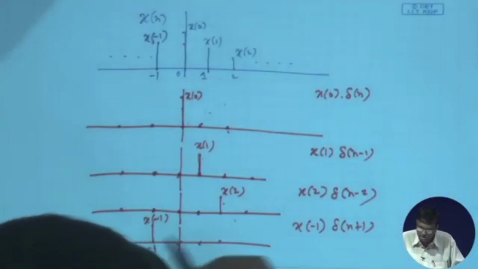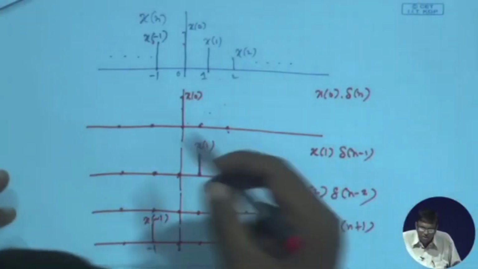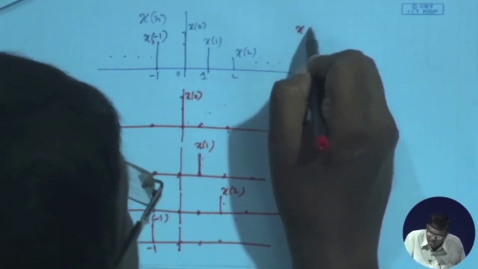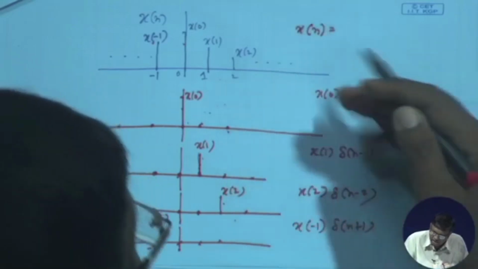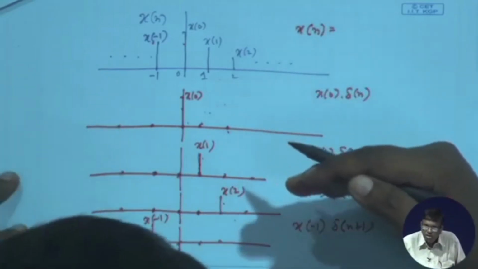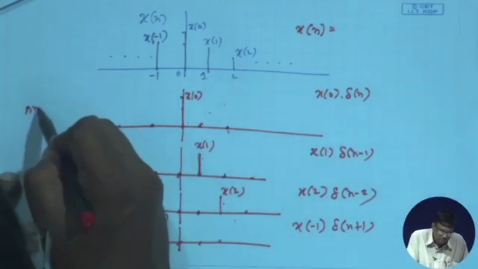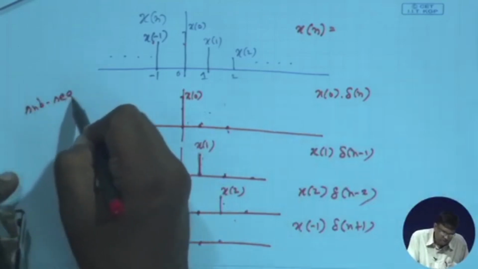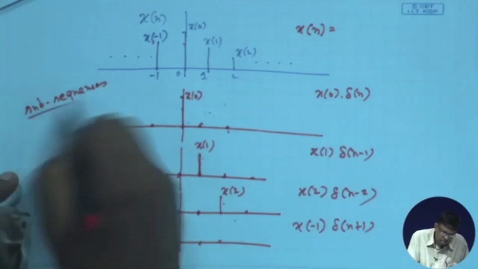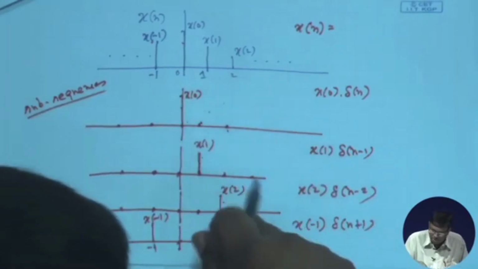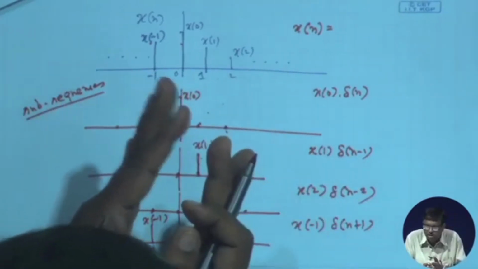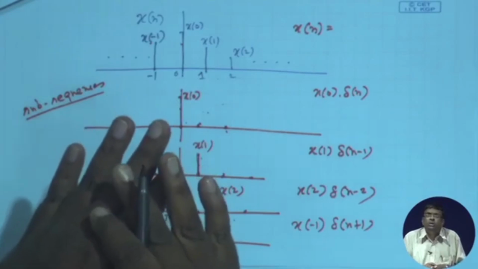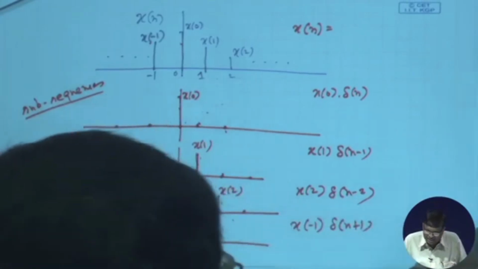You get this. So, if you add them, you get x n, which means x n is a summation of some subsequences. One subsequence, another subsequence. So, various subsequences are superimposed on each other and you get your x n.